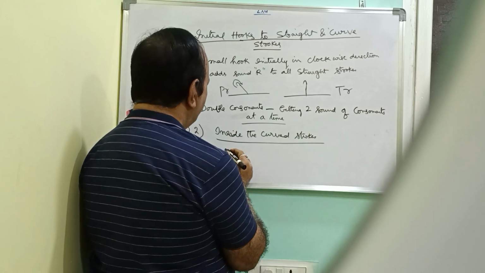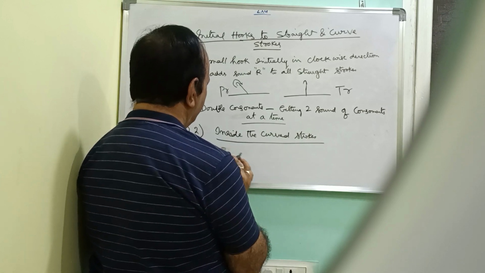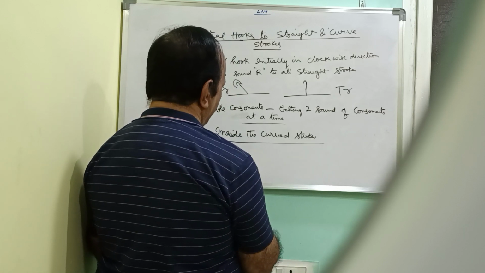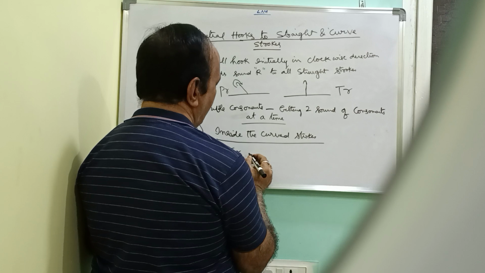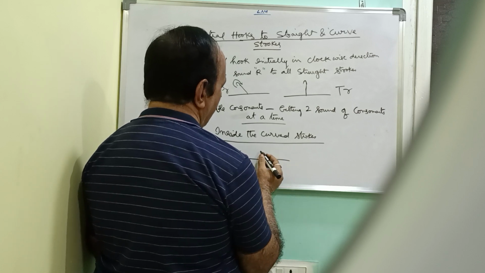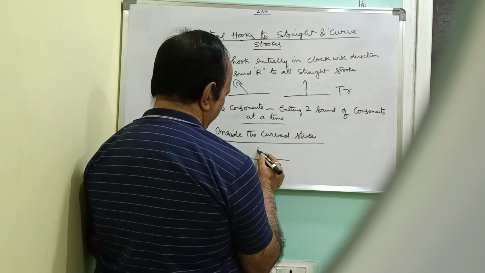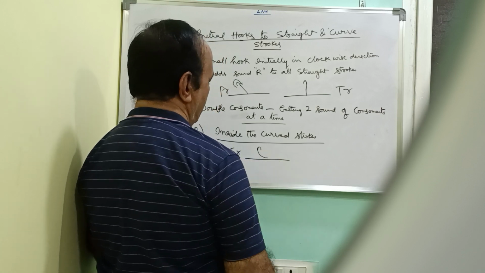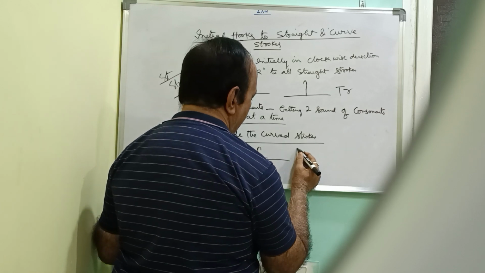For example, for, right? Along with F, there is the sound of R also here. See, we are writing F like this, and this R hook can be written inside the curve stroke. That means we are writing like this.